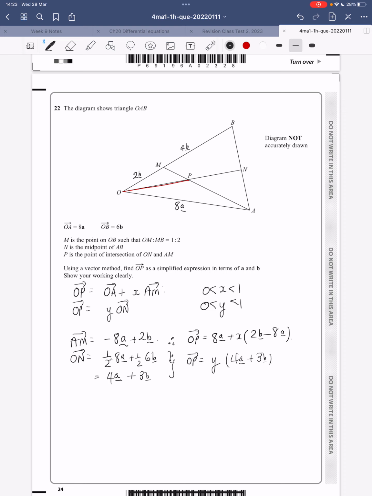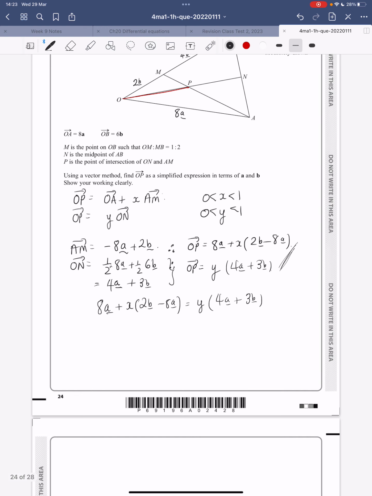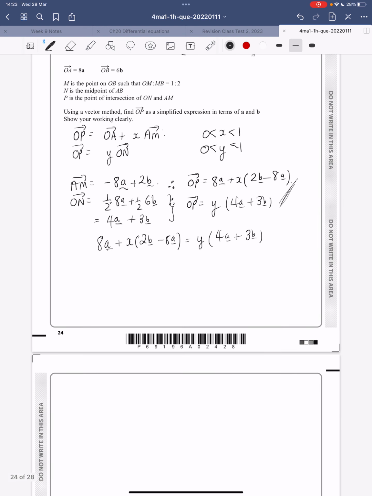Okay, so O to P, it's got to be the same both times. So whichever way we go, it's got to be the same. So 8A plus x times 2B minus 8A equals y times 4A plus 3B. We're going to get simultaneous equations to solve for A and B here.